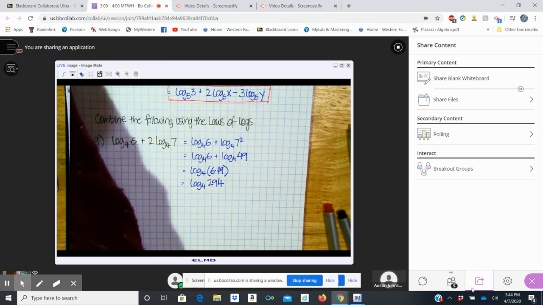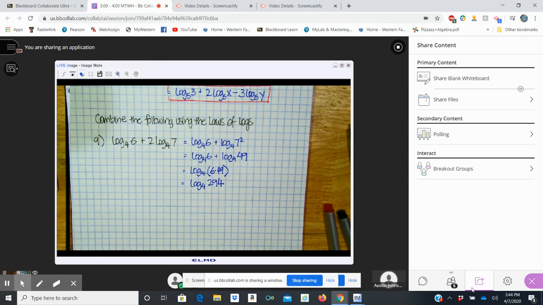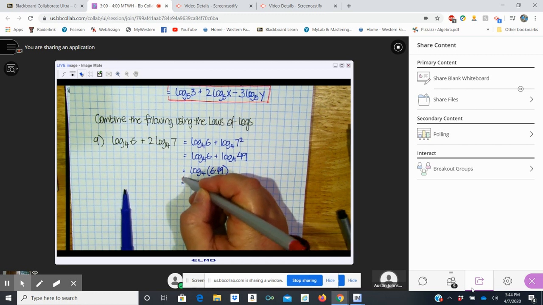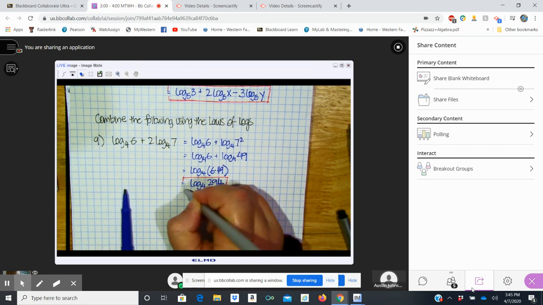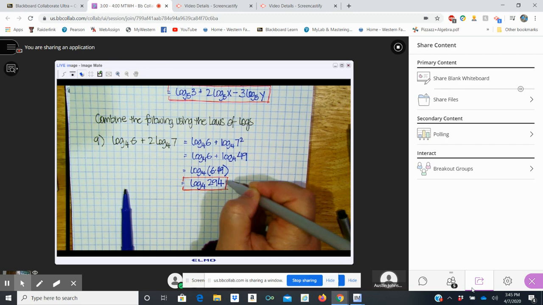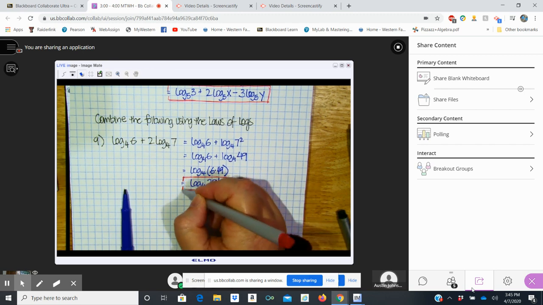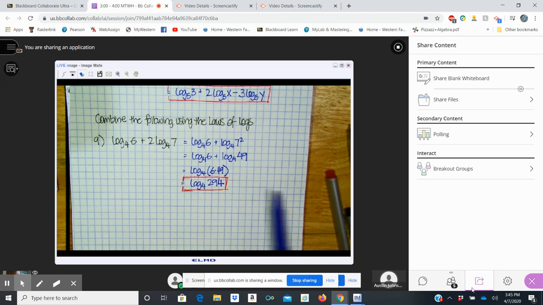I'm going to divide that by 4. I don't think I'm going to get anything. Yeah, I'm not. This does not simplify as 4 to any power. So this is the best I can do with it. It's log base 4 of 294. That's its combination and simplified form.